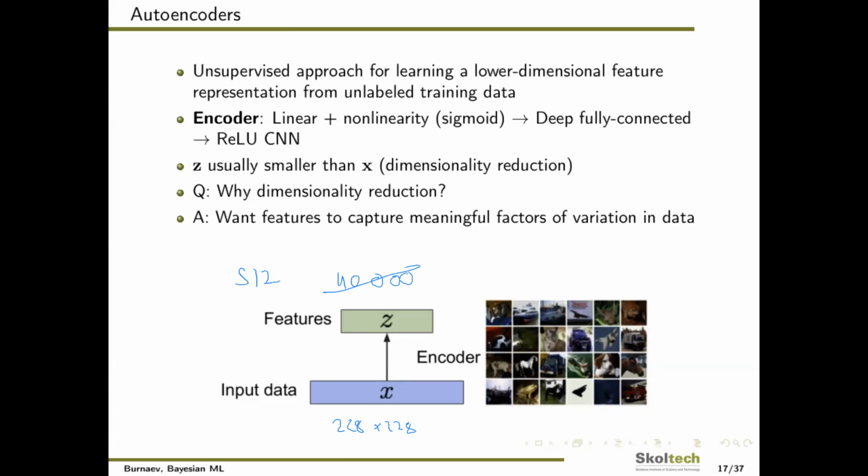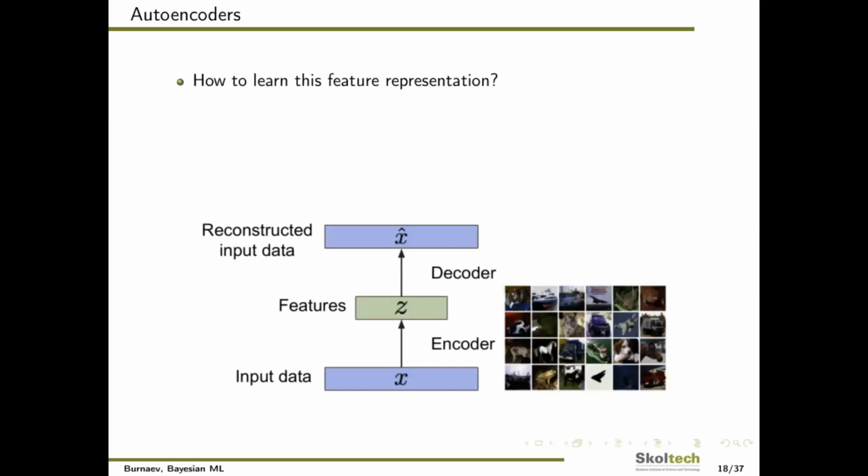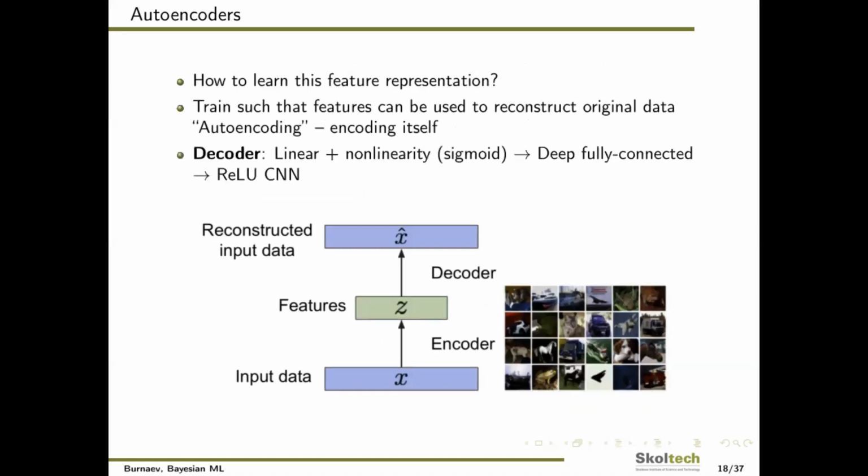So we want to learn some meaningful representation, and this representation should be of small dimension. The problem is how can we learn such a representation? And a natural approach here is autoencoding.